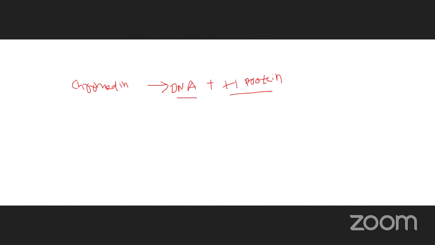For example, this is DNA, chromatin structure, histone protein, and again DNA, histone protein, DNA. Where the RNA polymerase is present, it moves forward to synthesize RNA. When it reaches the histone protein, it cannot move forward. It stops there.